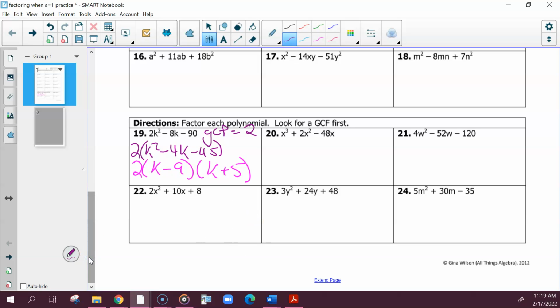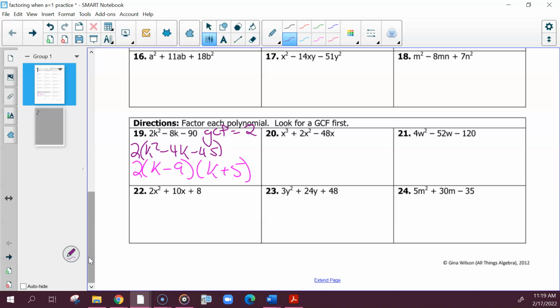So for number 20, what do these have in common? They are math problems. But what specifically do these 3 terms have in common?